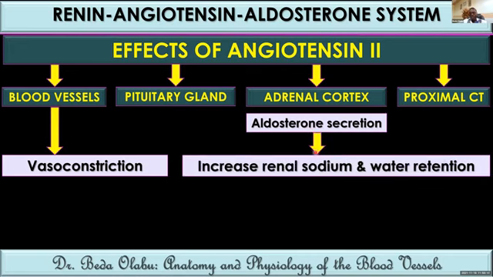Aldosterone acts on the distal convoluted tubule of the kidney. The effect of aldosterone is to promote the reabsorption of sodium. Now, in the kidney, if we reabsorb sodium, water also follows. And that means that in the presence of aldosterone, we have sodium and water retention.